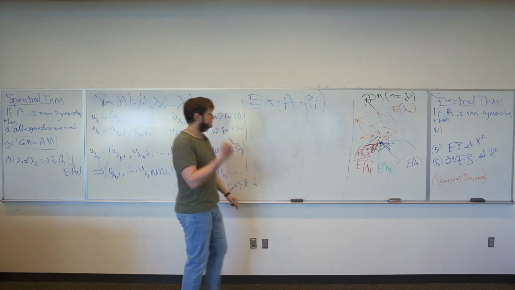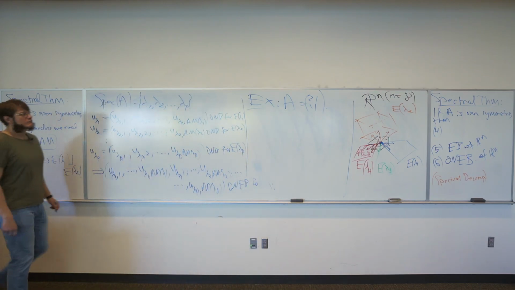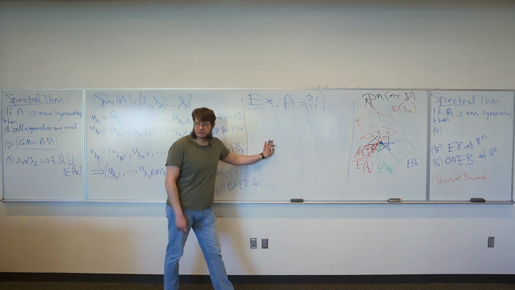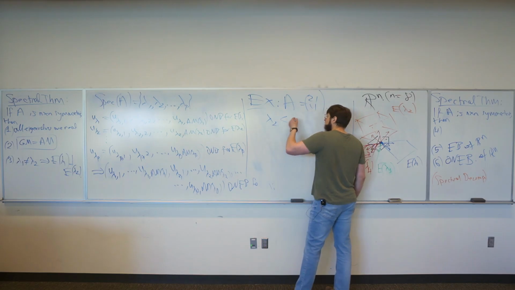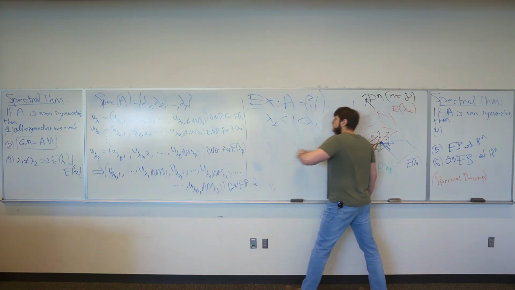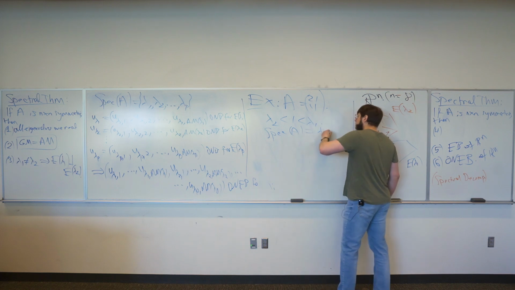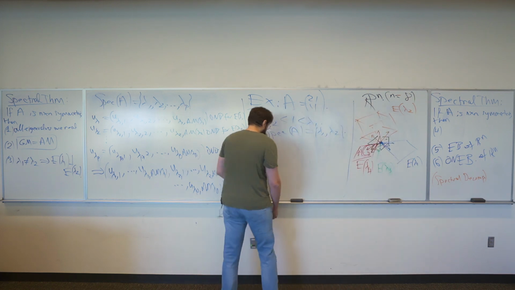Okay, 2, 1, 1, 1. It's a symmetric matrix. Right, so we just computed it has two distinct eigenvalues. So like this, okay?